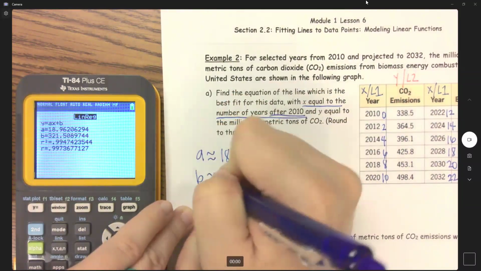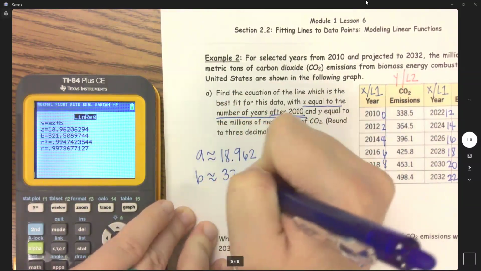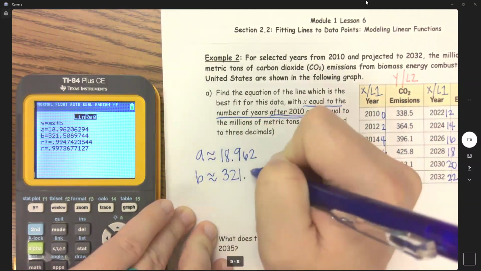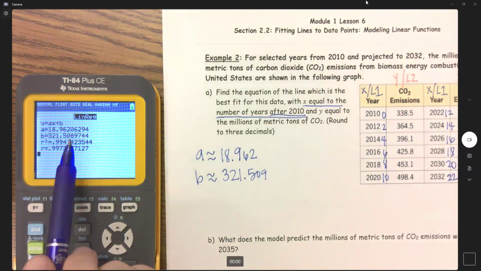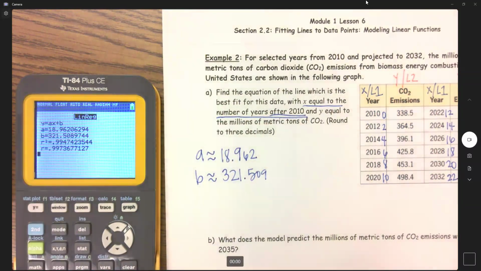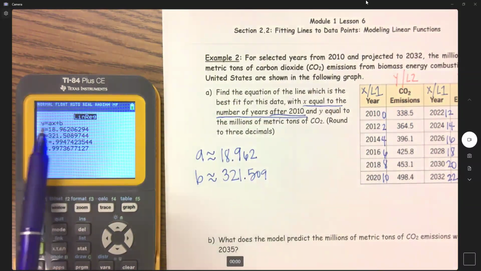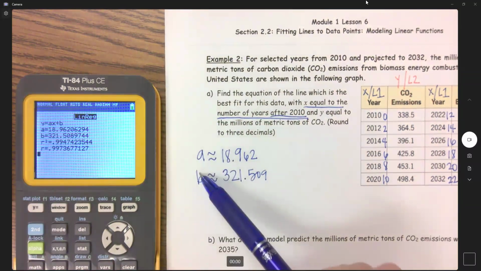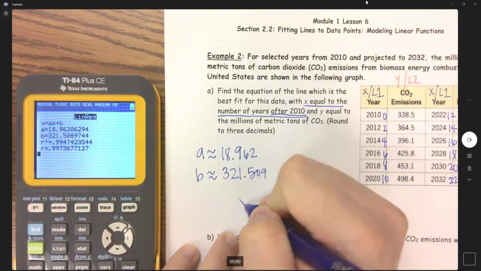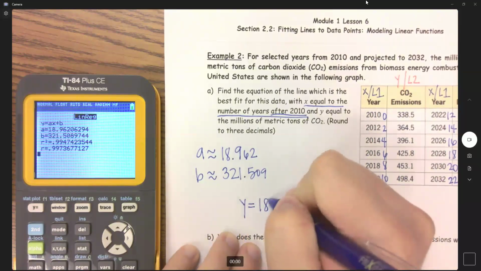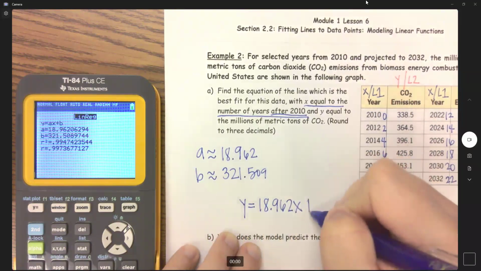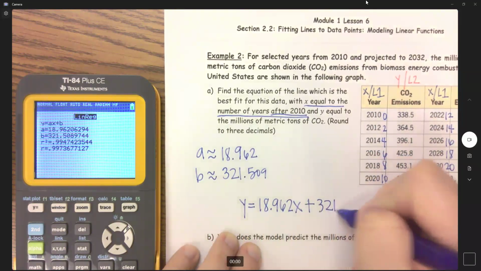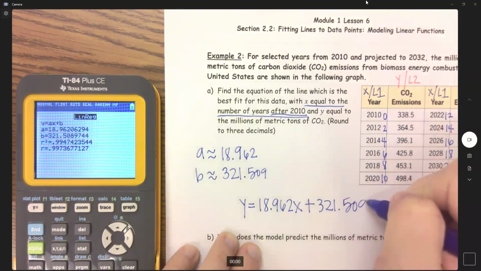And my B is about 321.509 because that 9 makes that 8 go up. So if I am using this equation of y equals ax plus b, plug in your a and your b here. We've got y equals 18.962x plus 321.509.